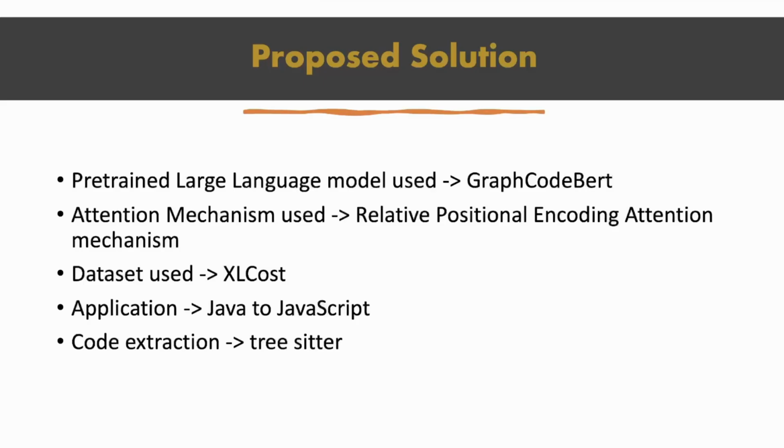Proposed solution. From the pre-trained large language models, I use the GraphCodeBERT model architecture with the pre-trained weights, and from the attention mechanisms like self attention and sparse attention, I chose the relative position encoding attention mechanism.